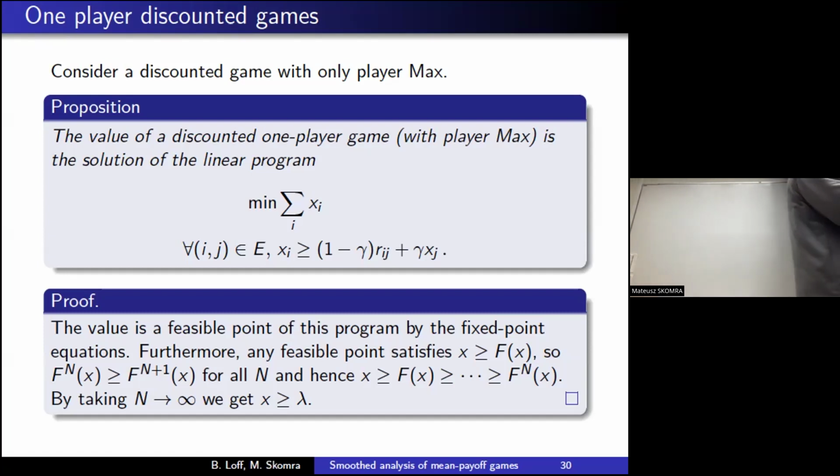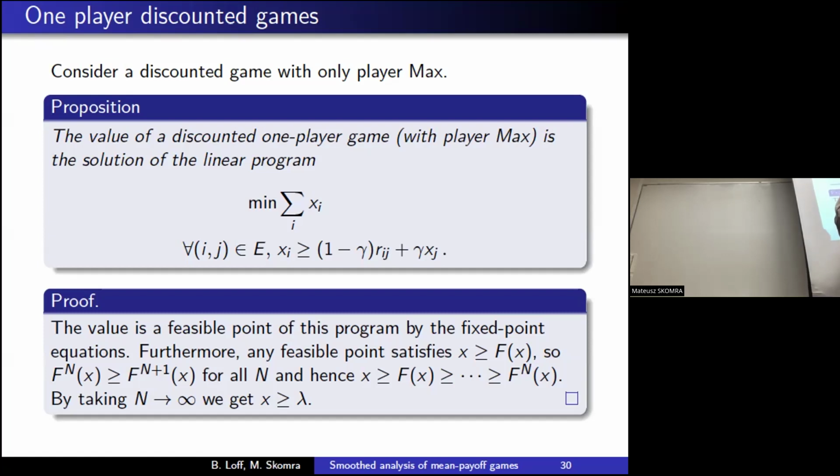So let us look at the proof. If I take any point in this polyhedron, then by definition it satisfies x greater than the Shapley operator at x. This is just the definition of this polyhedron. But this operator is monotone, so if I apply f on both sides, the inequality is still true. Now we iterate: x greater than f of x, f of x greater than f squared of x, and so on.